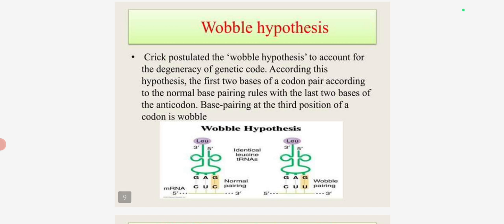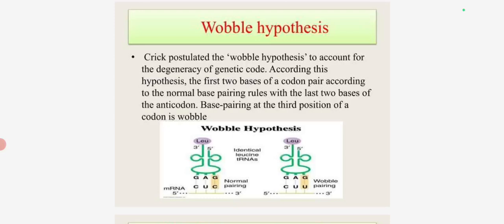Next one, wobble hypothesis. Crick postulated the wobble hypothesis to account for the degeneracy of the genetic code. According to this hypothesis, the first two bases of the codon pair according to normal base pairing rules, while the last base of the anticodon pairing at the third position of the codon is wobble.